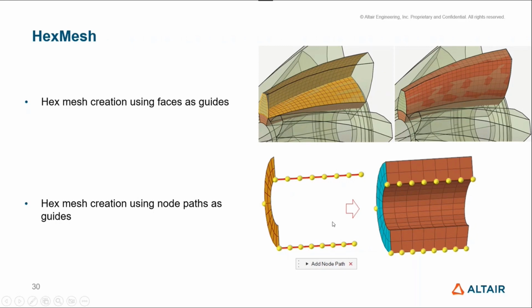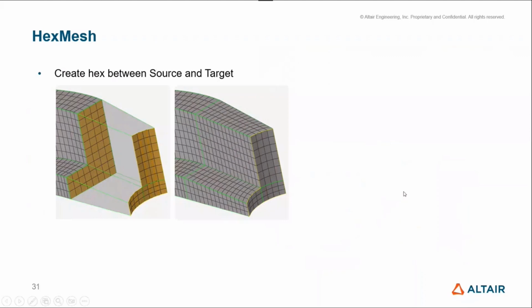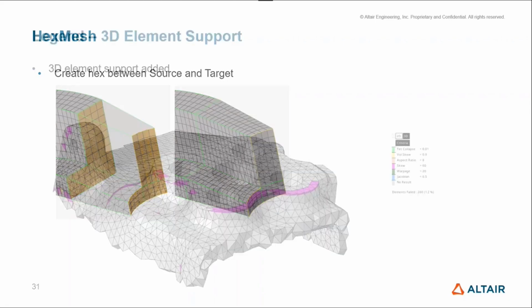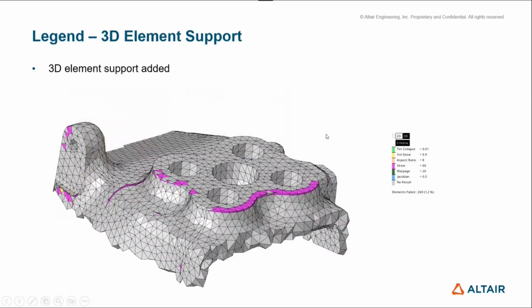We can select different length node paths to define and then create a mesh. The last one is match case, wherein the user could select source faces and target faces, or source elements or target faces in this case, and optionally the user could define the along. Only the source is mandatory, and the along and target are both optional.